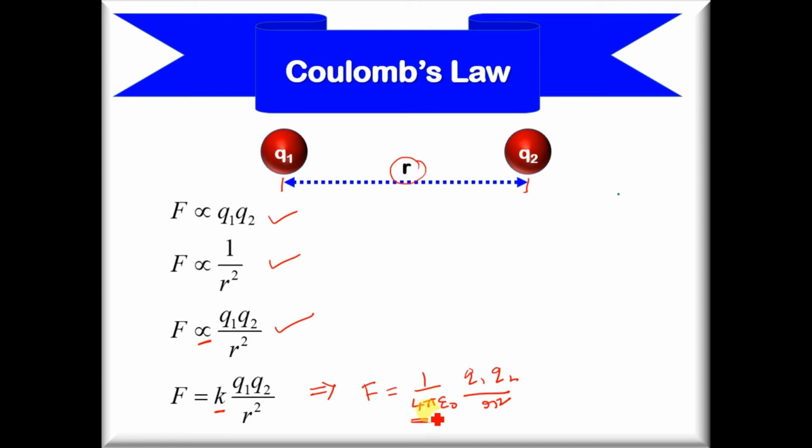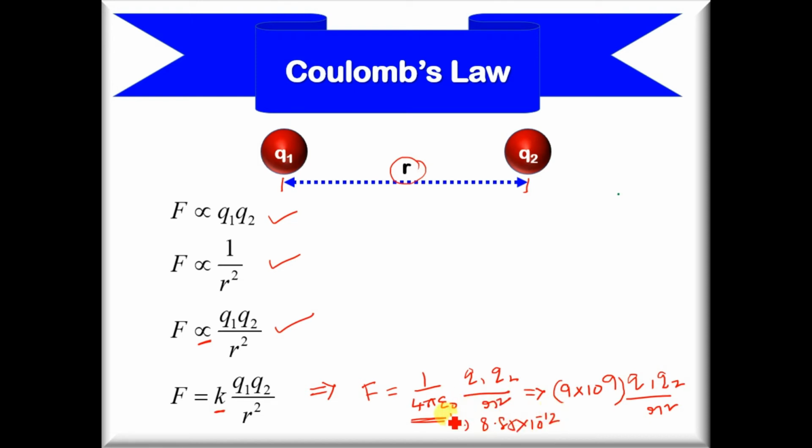So in general, if you substitute all these values, 4 pi is equal to 3.14 and epsilon naught, that means permittivity of free space, which is equal to 8.85 into 10 power minus 12, you will end up with a value of 9 into 10 power 9. So 9 into 10 power 9 times Q1 Q2 by R square. So this is your either repulsive or attractive force between these two charges.